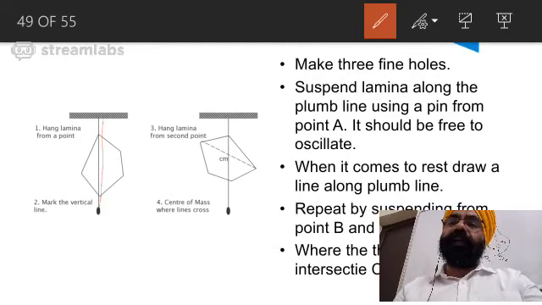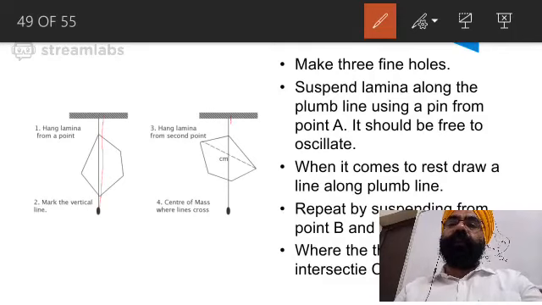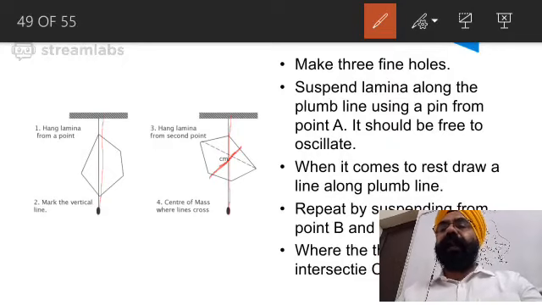We again ensure that it is free to move, and then we let it oscillate and come to rest. Once it comes to rest, we again use the plumb line from the same needle and draw a line over it. So we get three lines. Wherever these three lines intersect, that gives me the center of gravity of this irregular body.